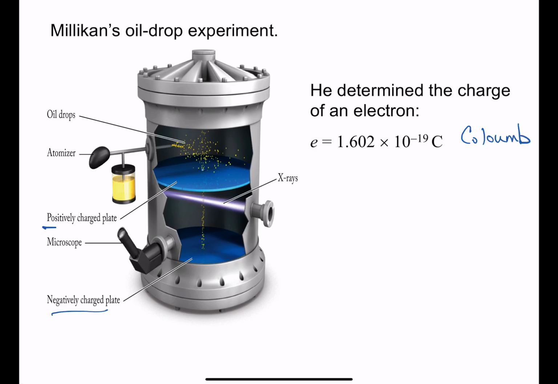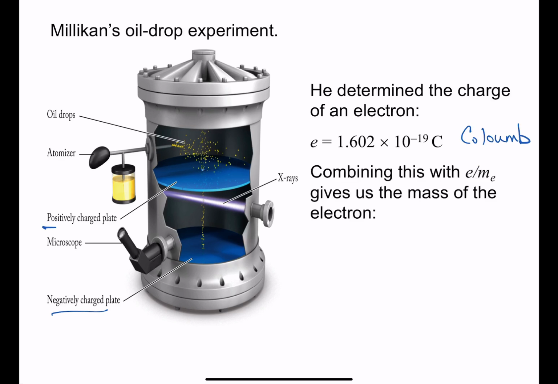We use the capital letter C to indicate coulombs. This, combined with earlier experiments, gives us the charge to mass ratio of an electron. We can determine the mass of an electron and found that it was very small, 9.109 times 10 to the negative 31 kilograms.